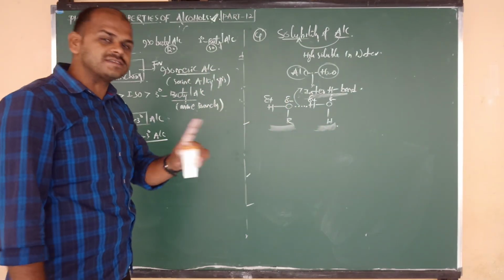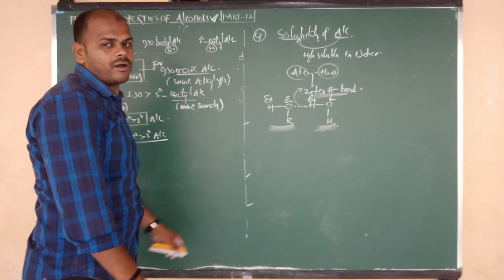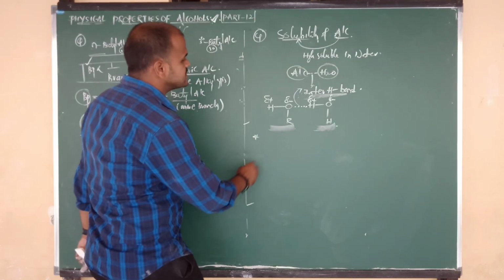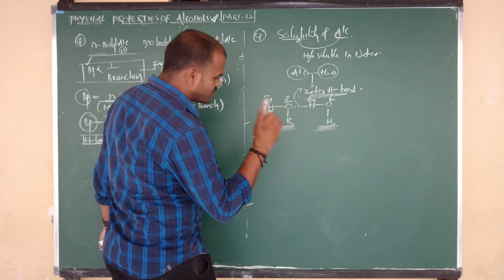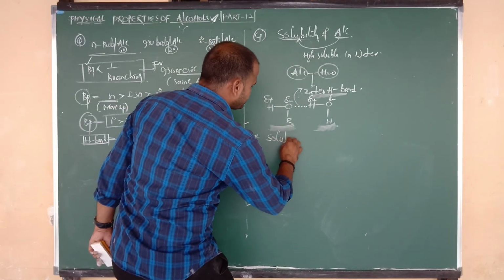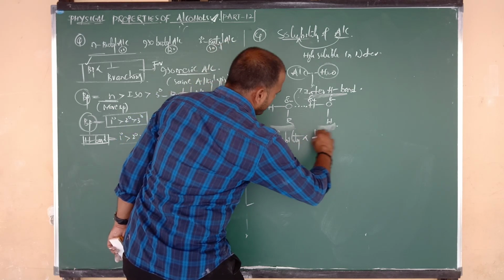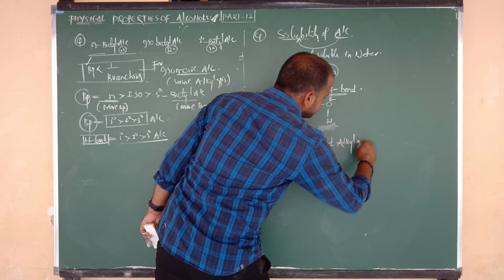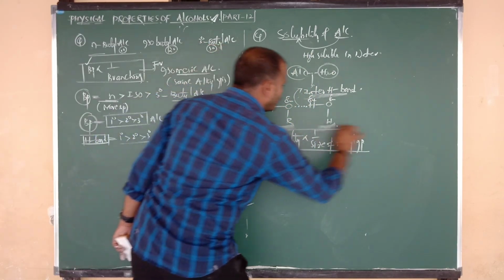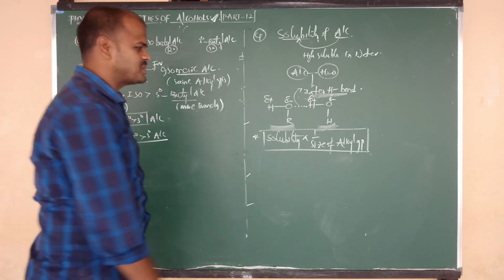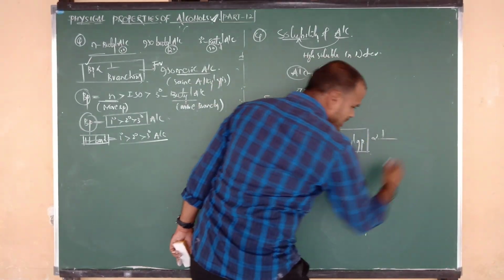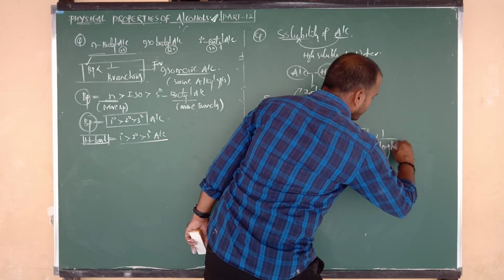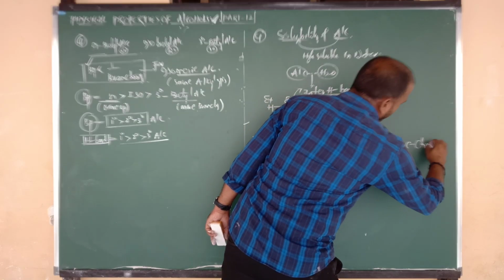And higher alcohols are soluble in non-polar solvents like organic solvents. One more very important point, which is also a question: solubility is inversely proportional to the size of the alkyl group, and also we can say that solubility is inversely proportional to the length of the carbon chain.